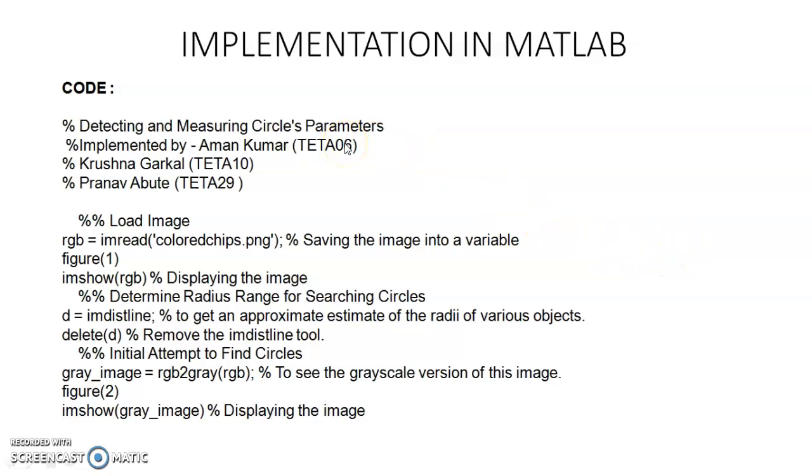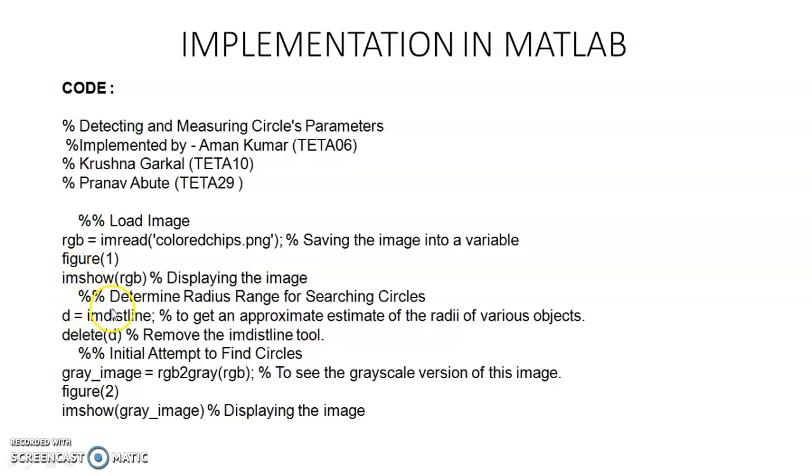This is what we have implemented in MATLAB. Here we import an image. This function is to read the image, and the image name is color chips. This function is to display the image.